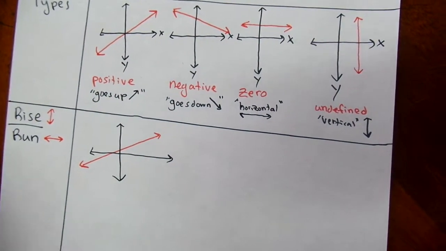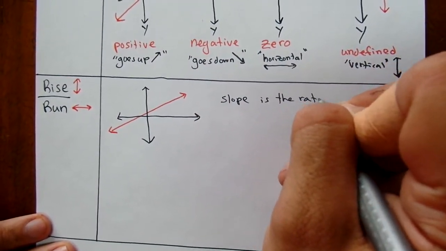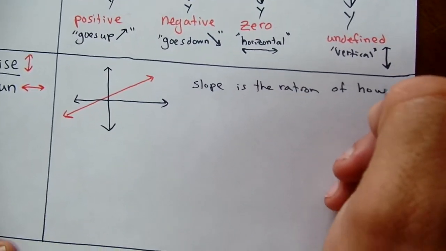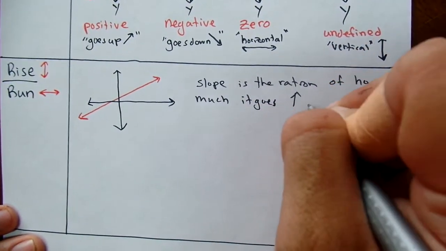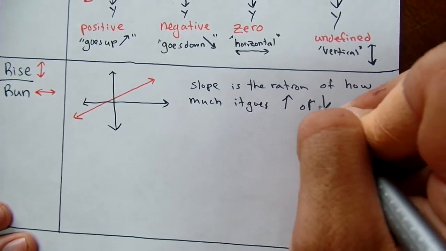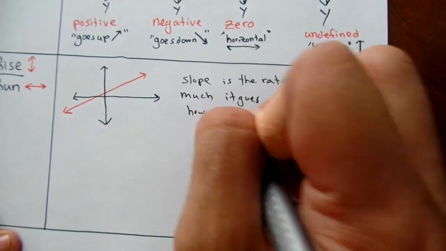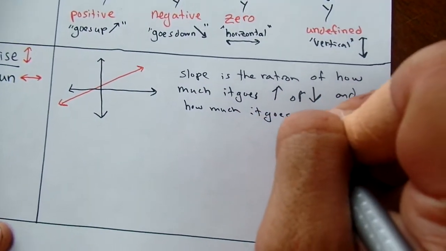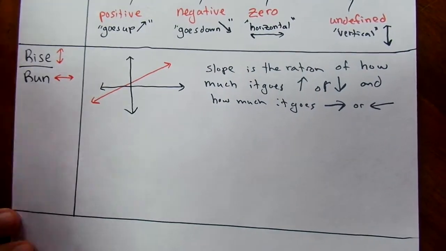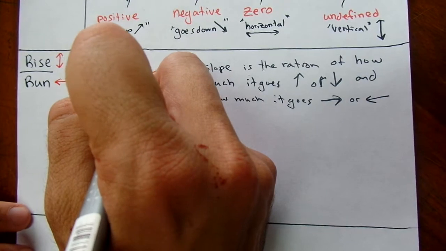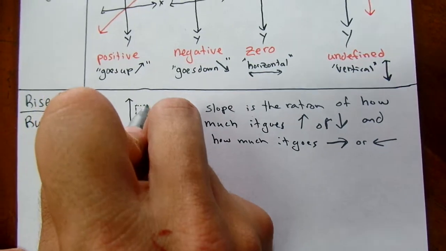The idea is slope is the ratio of how much it goes up or down, and how much it goes right or left. Okay? So essentially we have to see, okay, pick any 2 points. How much does it go up divided by how much it goes to the right?